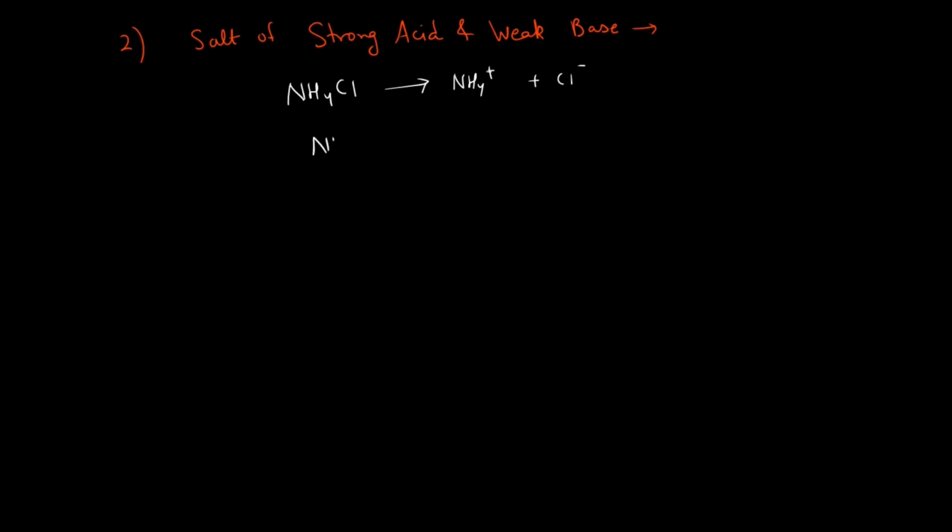Now ammonium ion can react with water in an equilibrium to give us ammonium hydroxide and H plus ion. Now we know that ammonium hydroxide is a weak base, and therefore its conjugate will be a strong acid.